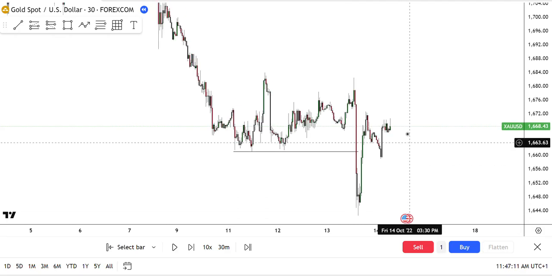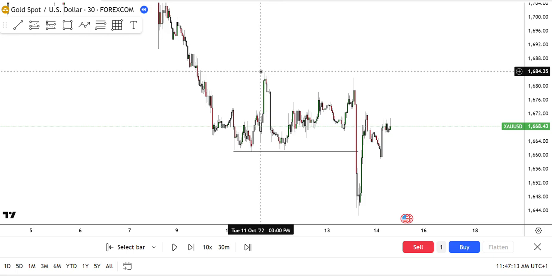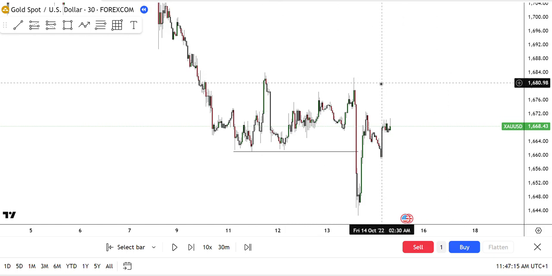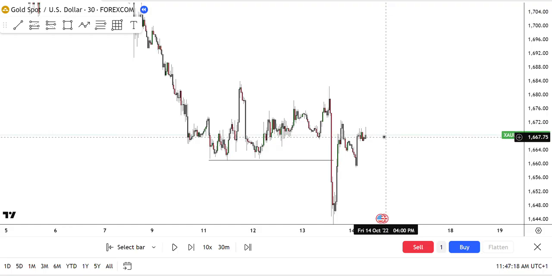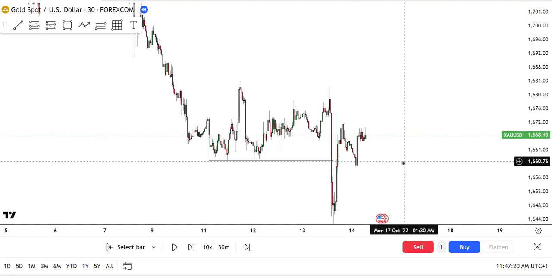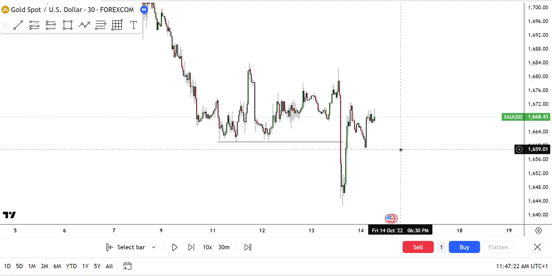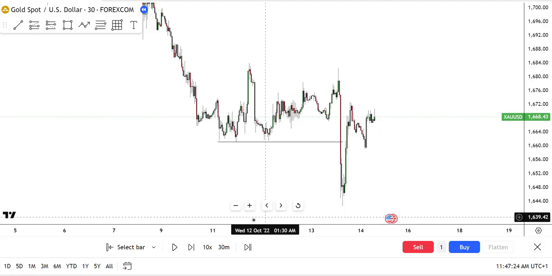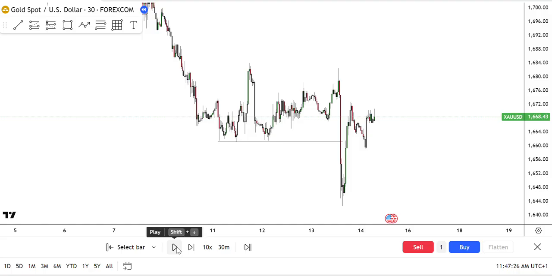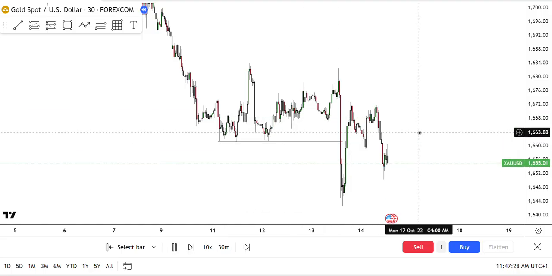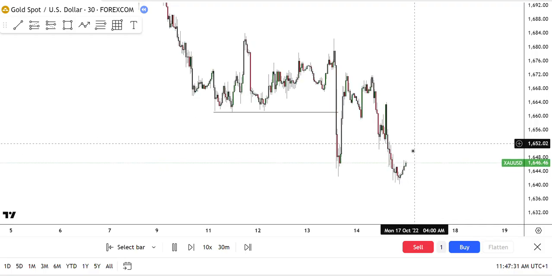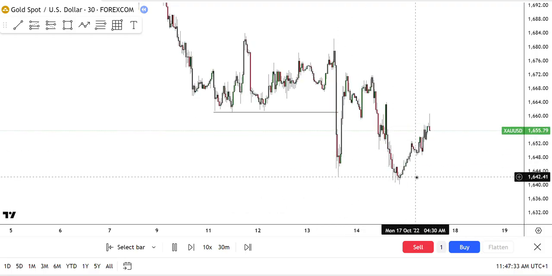So until we have a high that takes out these highs, we can't really say that we are bullish again. It might continue like this, and it might make a new high.